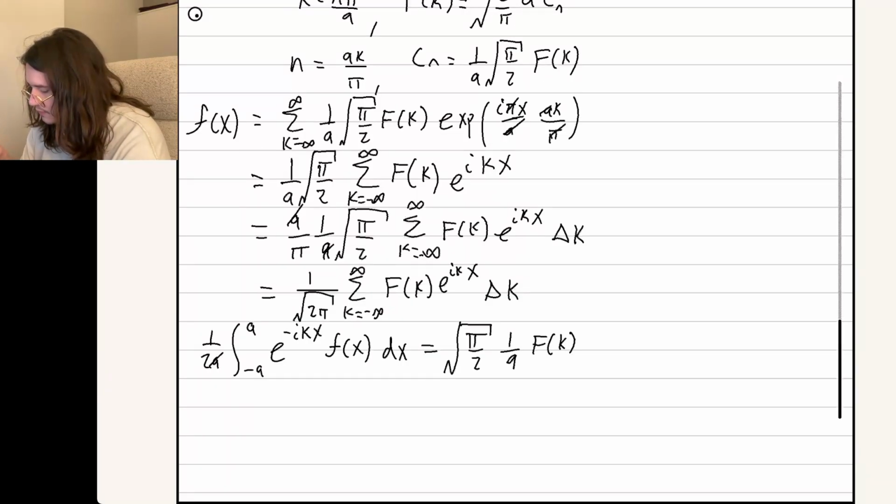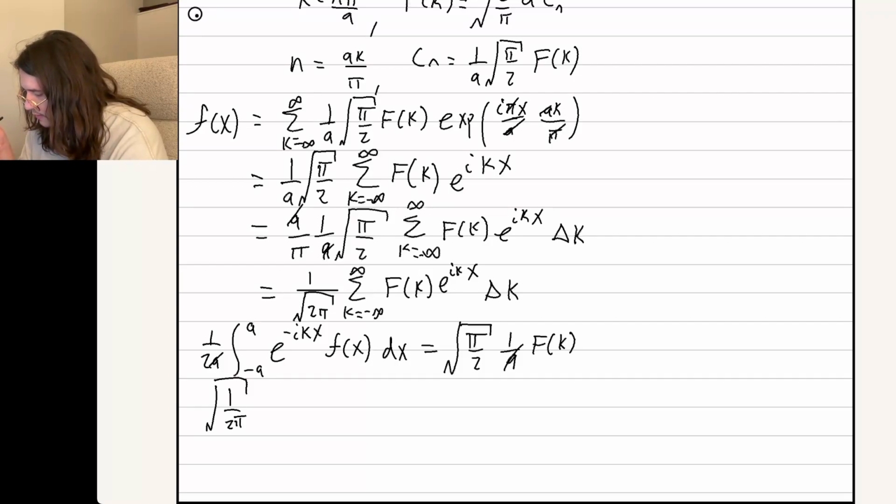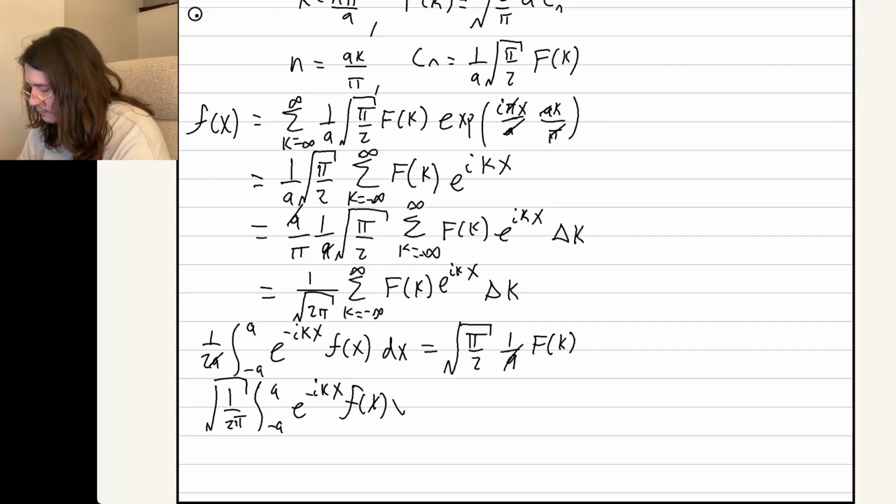And we'll just solve for F of k. So we'll get square root 1 over 2 pi times this stuff equals F of k. That was me dropping my pen. And yeah, that's another form of the equations that old Griffiths wanted.